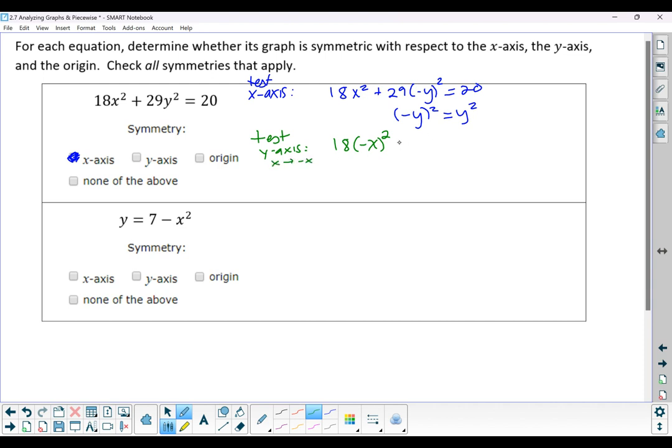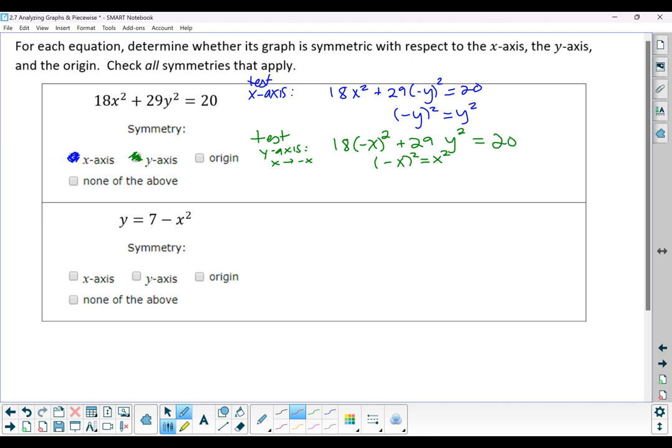So this becomes 18 times negative x squared plus 29 times y squared equals 20. And you can see that since the negative x is squared, that is exactly identical to a regular x squared, and so the equation didn't change at all. So this is symmetric with respect to the y-axis.